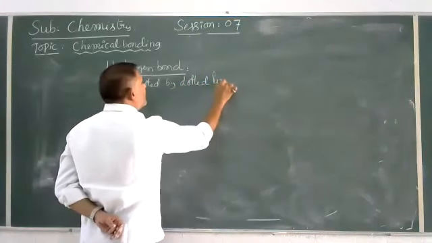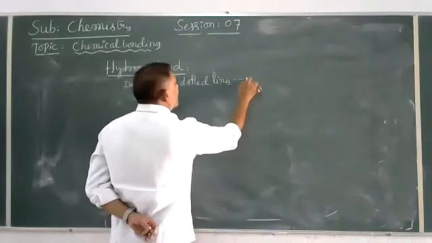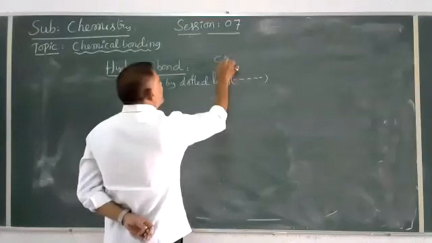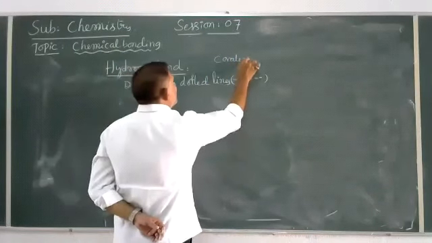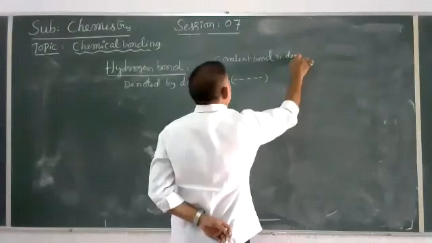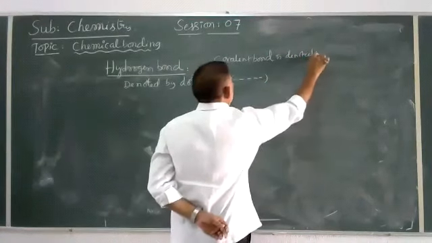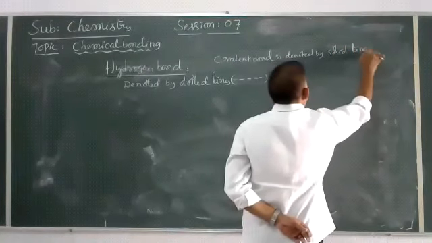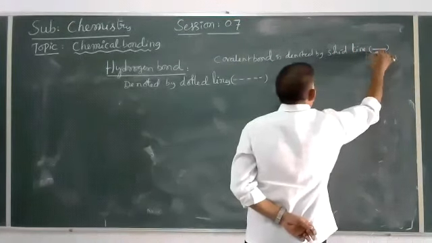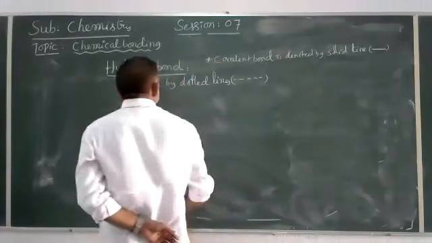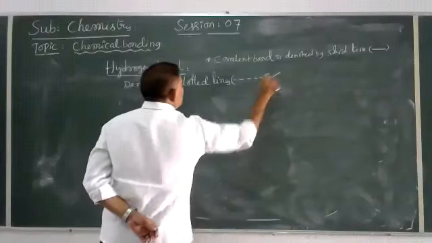But covalent bond is denoted by a solid line, a simple dash. Whereas the hydrogen bond is denoted by a dotted line.